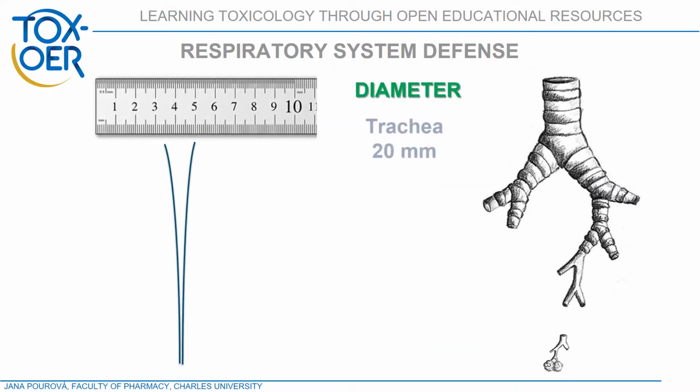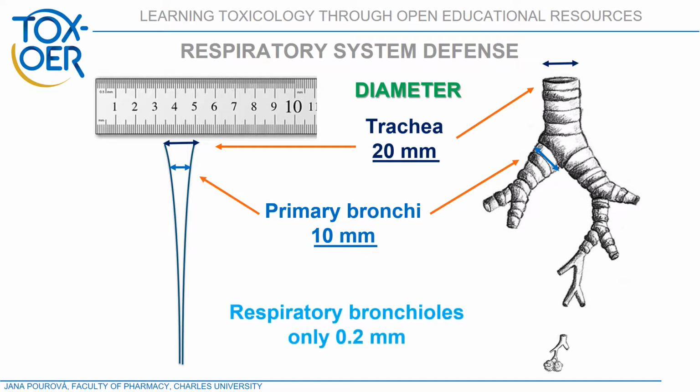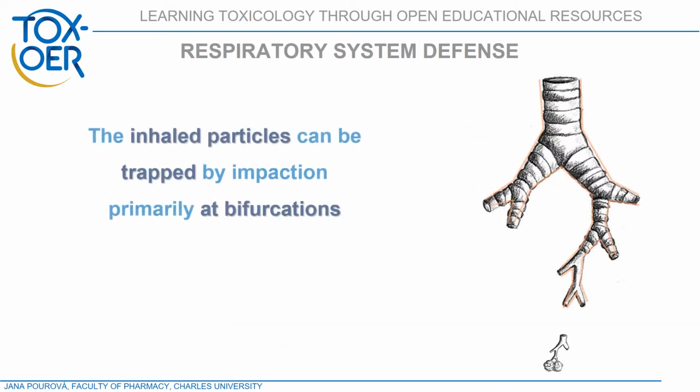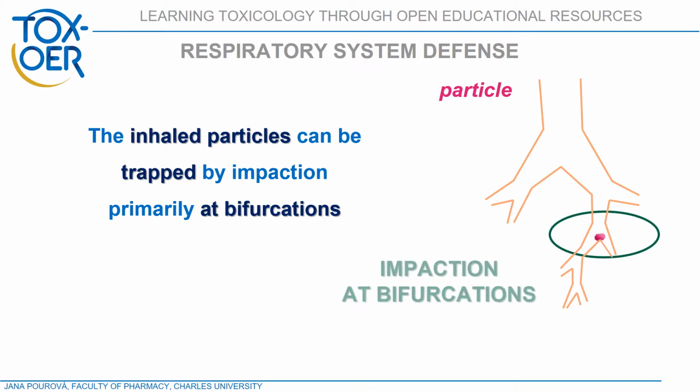Diameter of trachea is 20 millimeters. Primary bronchi is 10 millimeters, and respiratory bronchiolus is only 0.2 millimeters. The inhaled particles can be trapped by impaction primarily at bifurcations.